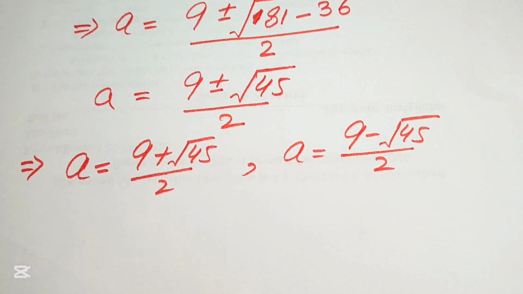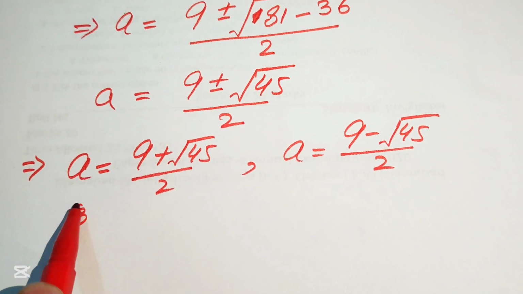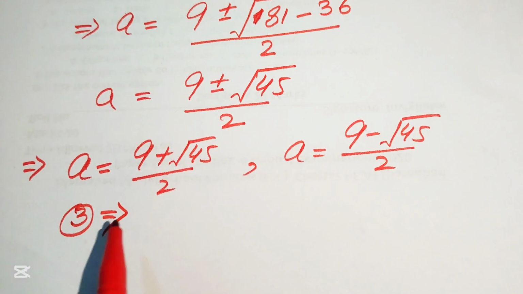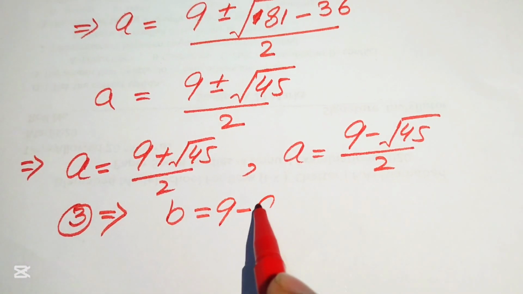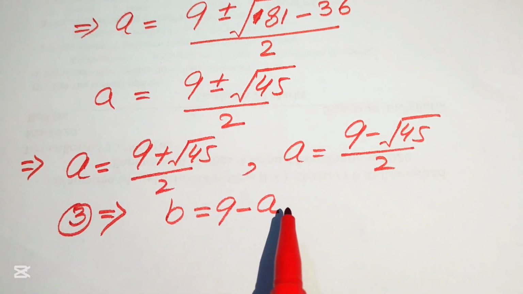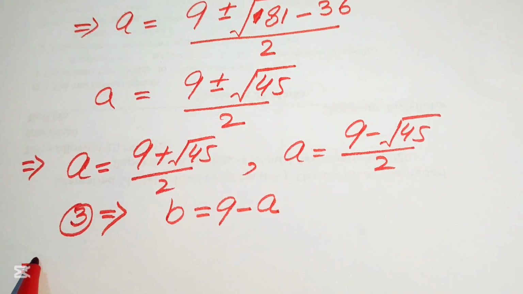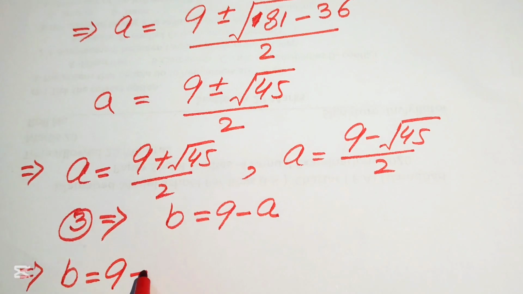So these are the two values of a, and now we need to find the corresponding values of b. To find the values of b we need equation number 3. Our equation number 3 implies that b equals 9 minus a, and now we need to substitute both values of a in this equation in order to find the corresponding values of b. So we have b equals 9 minus a.